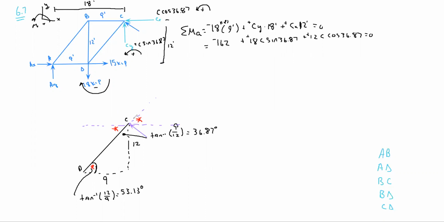If this starred area right here is 53.13, then this angle right here is 36.87. Okay, 36.87.